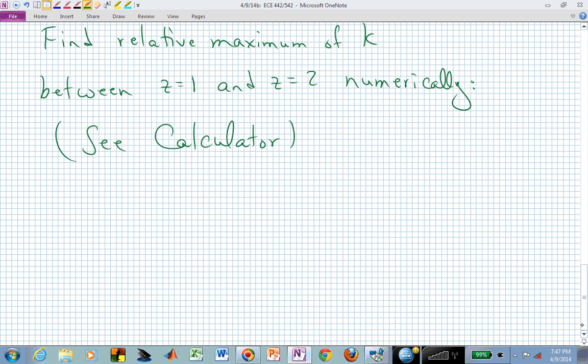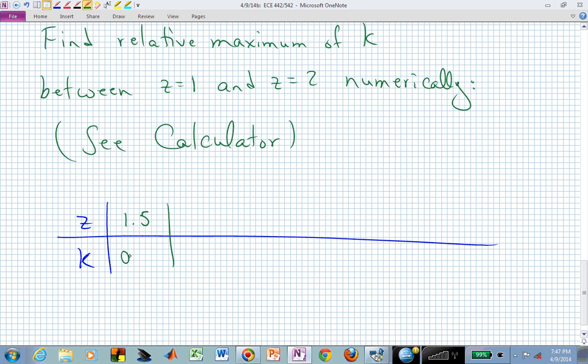Meaning now I'm looking at really a table of values of z and what the resulting gain is going to be. In this case, at z equal to 1.5, that produced a gain of 0.25.